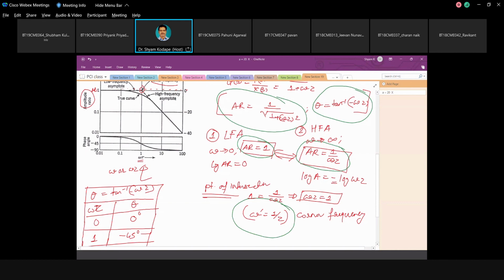Similarly, for the theta profile, you use different omega tau values or omega values, identify the theta and plot the graph.